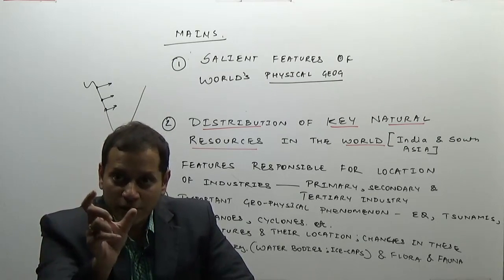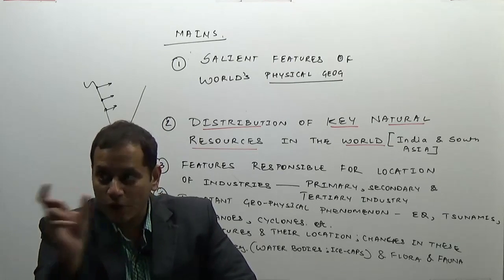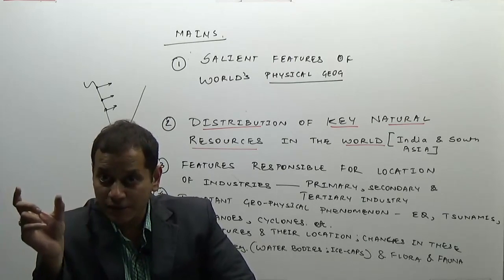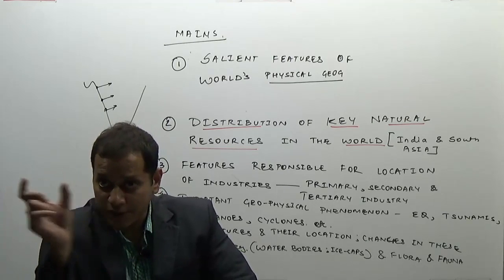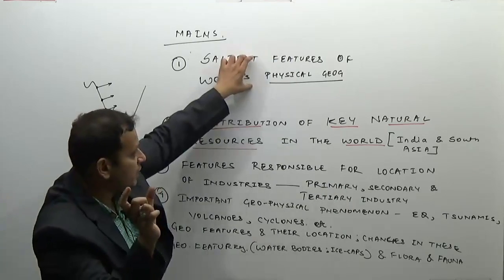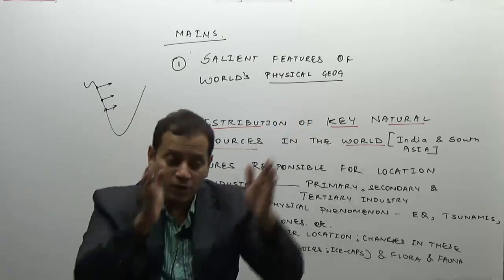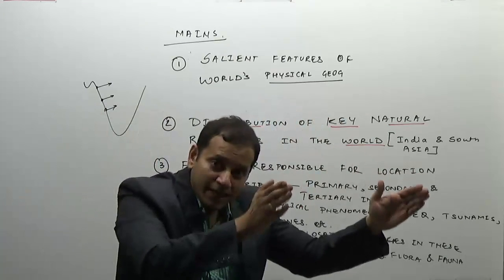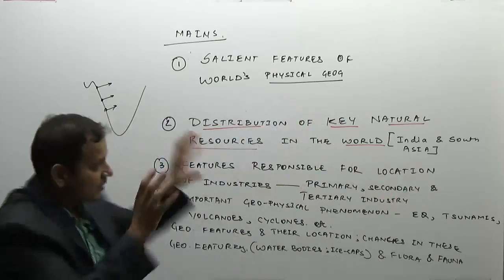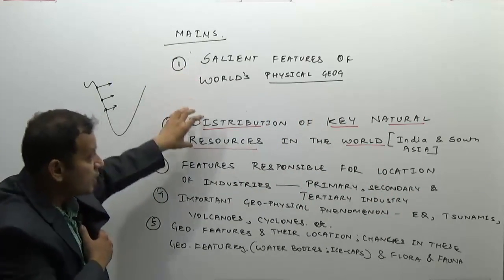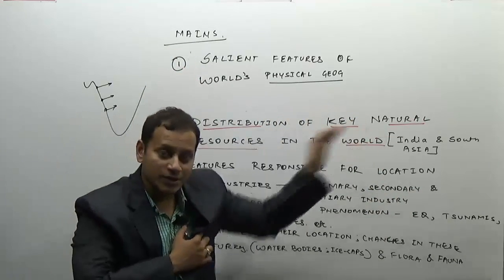So black soil, which is famous for cotton and sugarcane cultivation, is a very fertile soil associated with volcanoes. So the study of volcanoes, iron ore, coal, other metallic and non-metallic minerals associated with some kinds of soil and features, gives the distribution of key natural resources in the world.